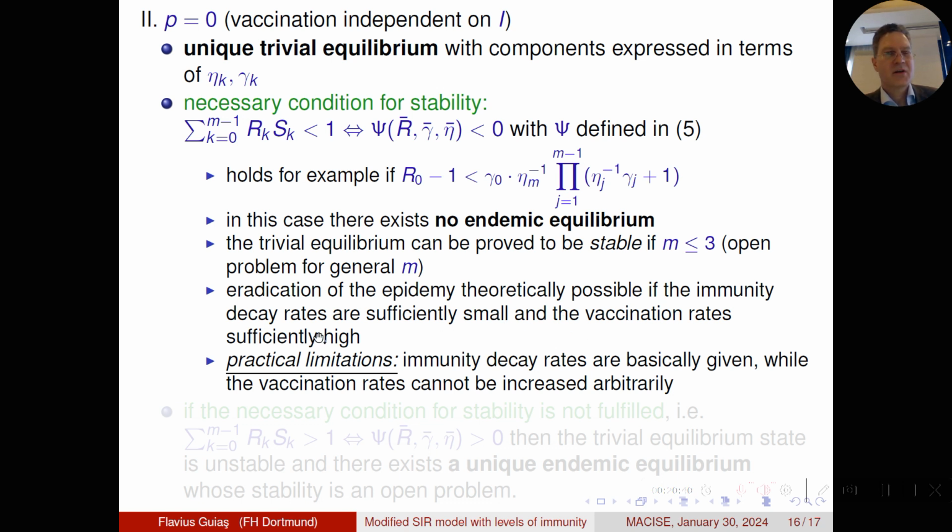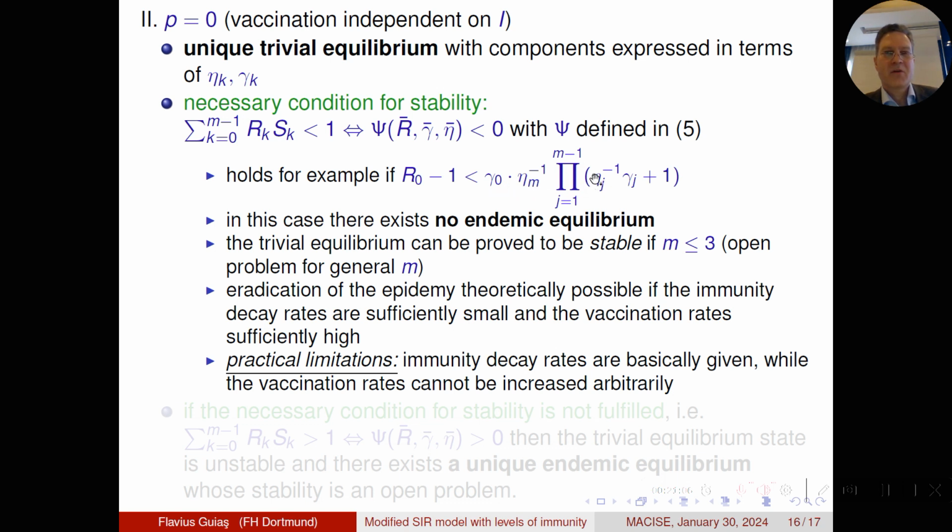Now, this is a theoretical result. Practically, there are some limitations because the immunity decay rates are given, you cannot change them. And where you can change something is the vaccination rates, but also there you cannot change at arbitrary, because you cannot vaccinate too frequently. So this is also, from medical reasons, not possible. So in practice, you have to know these parameters.